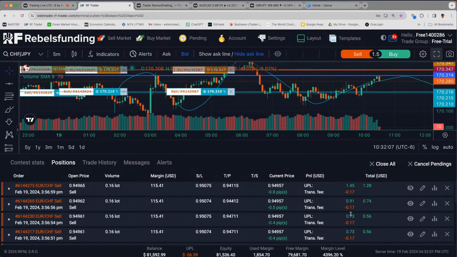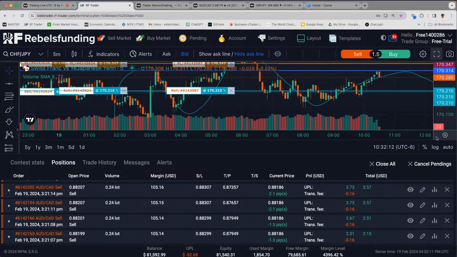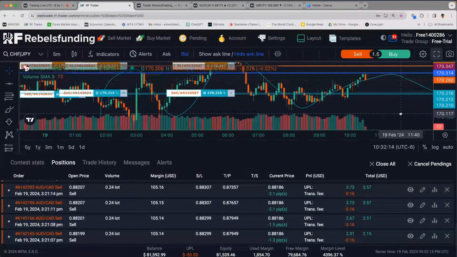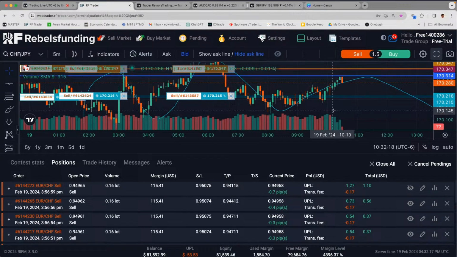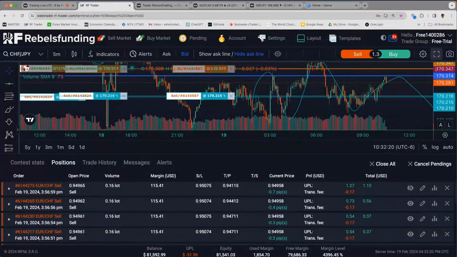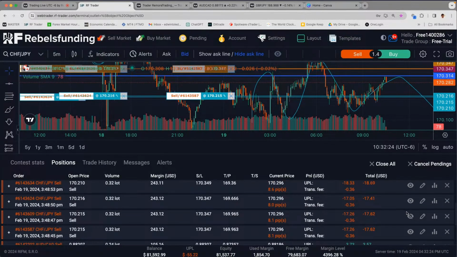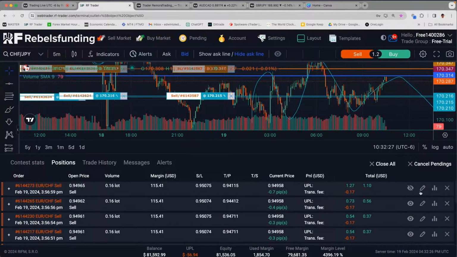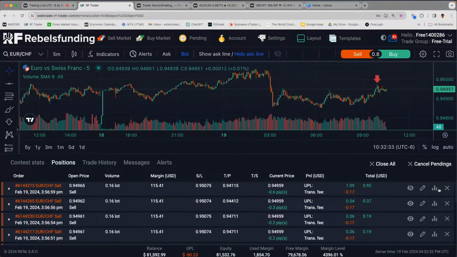So, just waiting to see what happens. It seems that price did come back at the quarter point of the psychological point, and that means Euro CHF might just be going up.